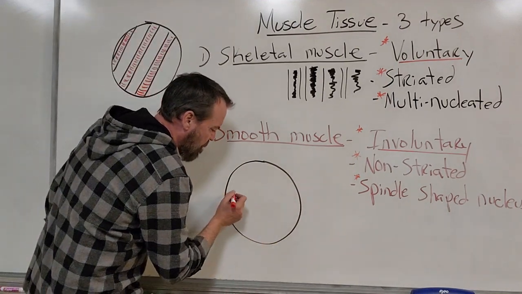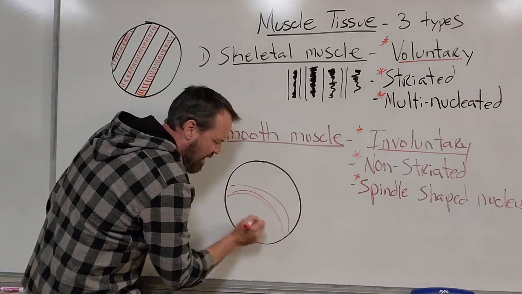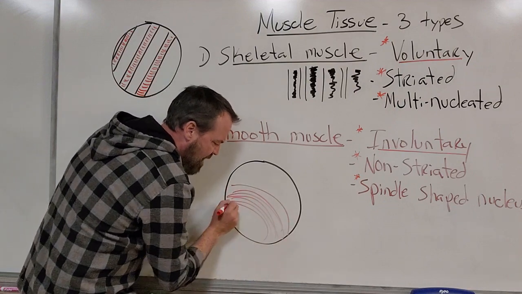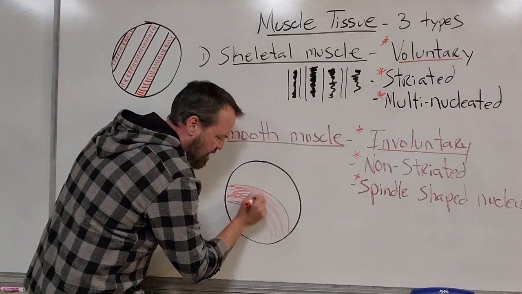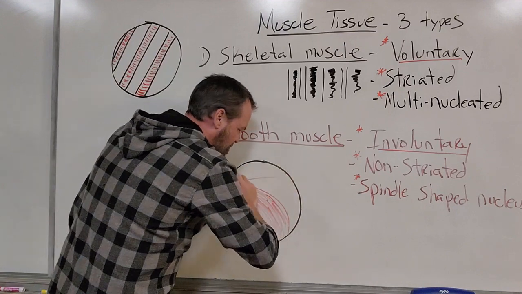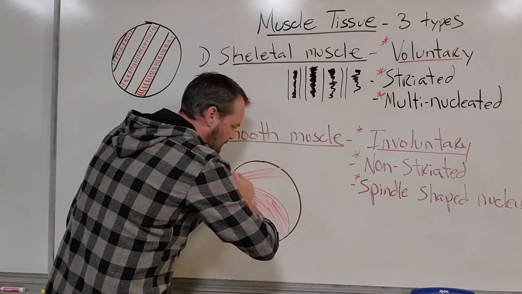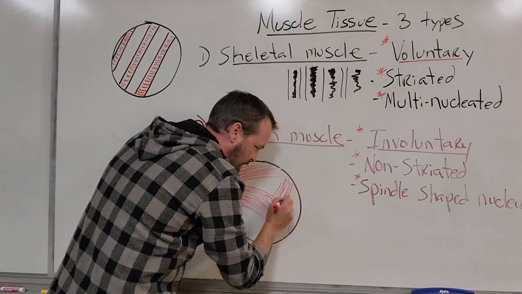So smooth muscle, because its filaments get laid down randomly, because it is non-striated, what we're going to see is part of the muscle maybe is running this direction. So we'll put all of these fibers running in this direction. And then the next set of muscle fibers is going to kind of run across in this direction. And then the next one will come down this direction.